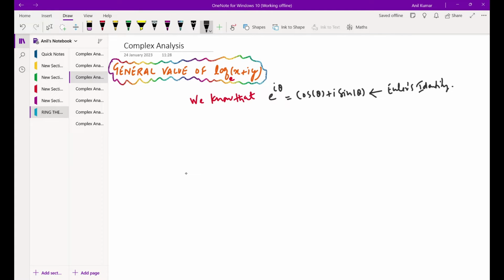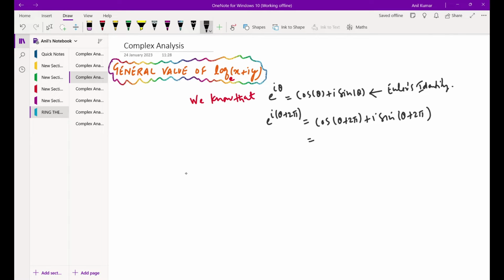ठीक है, तो e raised to power iota theta plus 2 pi क्या हो जाएगा? Using this Euler's identity, it will be cos of theta plus 2 pi plus iota times sine of theta plus 2 pi.